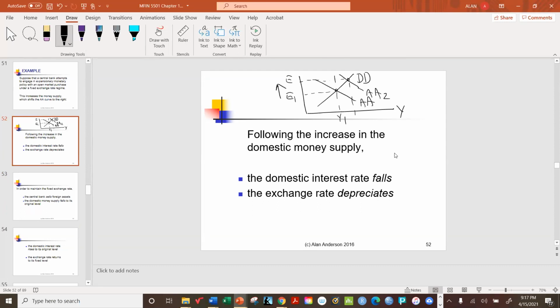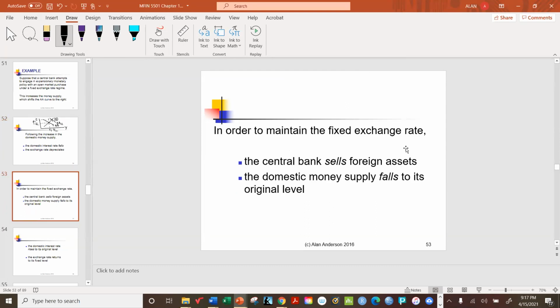But you can see the exchange rate is depreciating, although the economy is strengthening as a result. Okay, so we have lower interest rates, we have a stronger economy, GNP goes up, but the currency gets weaker. Now there's the rub.